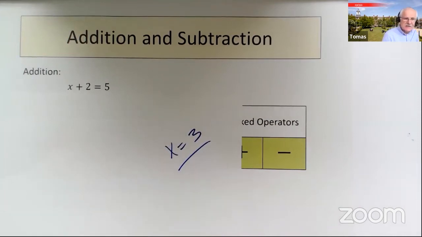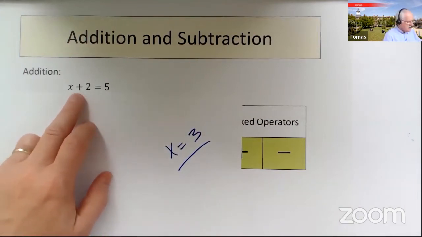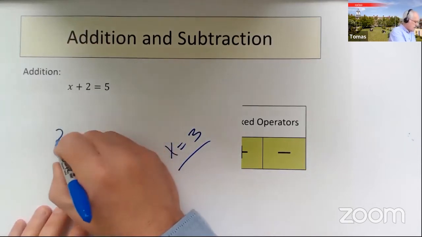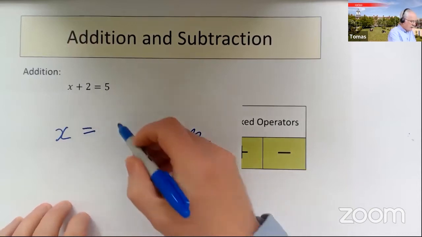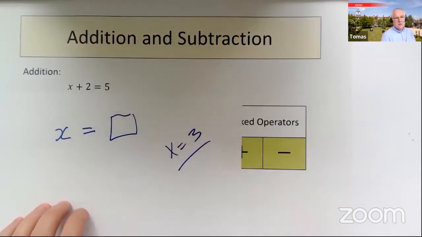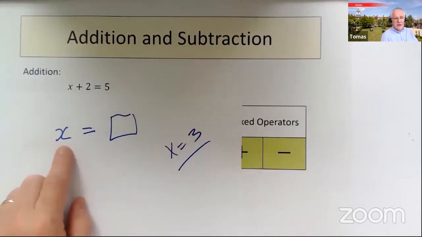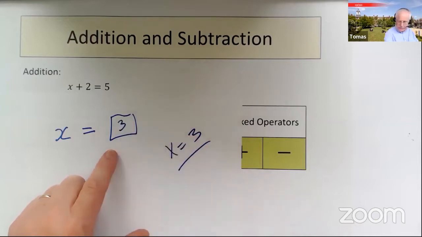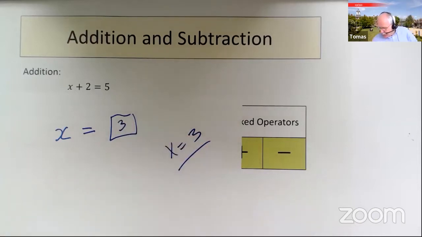But I want to take it a bit slower and say, let's imagine that all the examiner ever wants is x on one side and a number on the other side. It says, what's x? So x is on the left-hand side and the number is on the right-hand side. So what is that number? Now you know that's 3. But is there another way of doing that? Is there a simpler way of doing that?